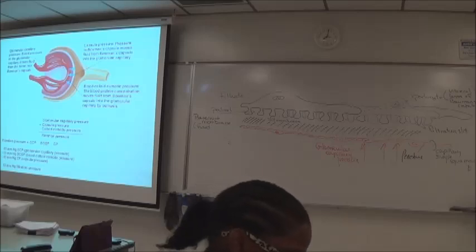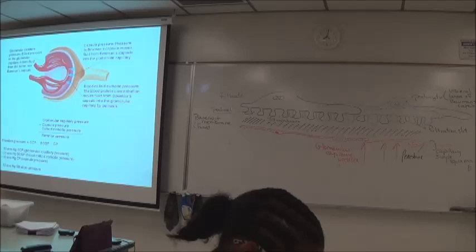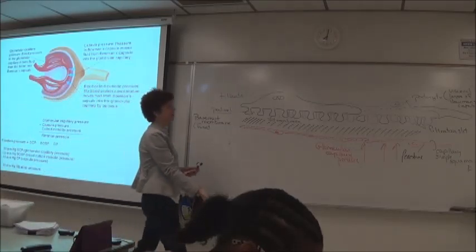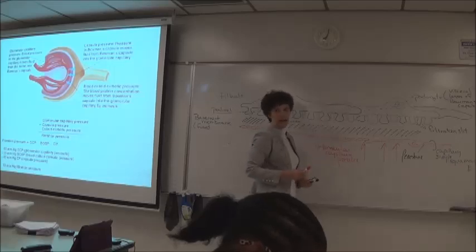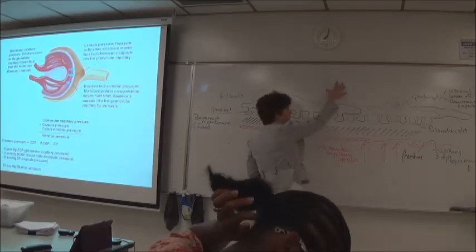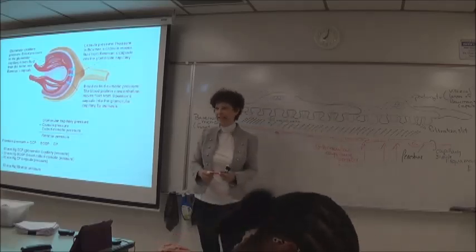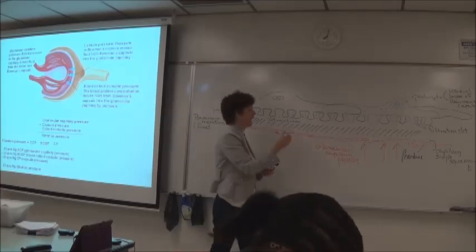That can be regulated, of course, by changing the diameter of the afferent and efferent arterioles. So causing a constriction or dilation of those can affect it. Now, as that causes fluid and particles to move into our filtrate, this volume here is going to increase. And it's going to have an opposing pressure.